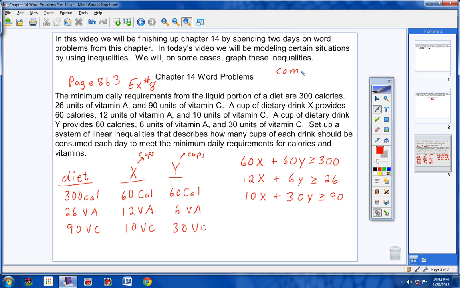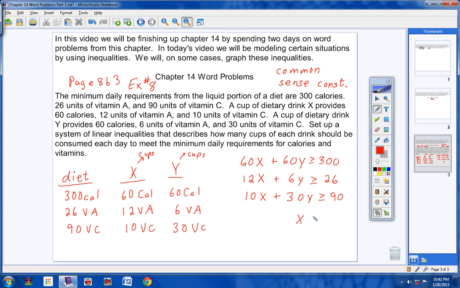I always told my students, always check for what I call common sense constraints. Now the word constraints can also mean inequalities. Common sense inequalities are common sense constraints. Think about it. How could you drink negative cups of X? You can't.